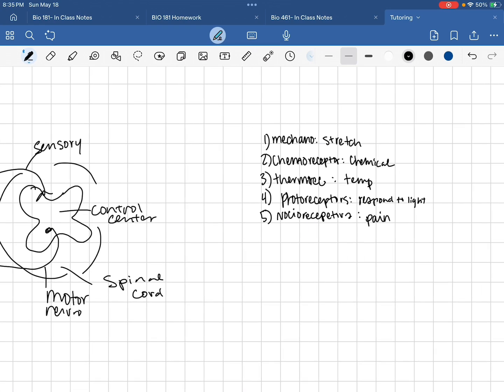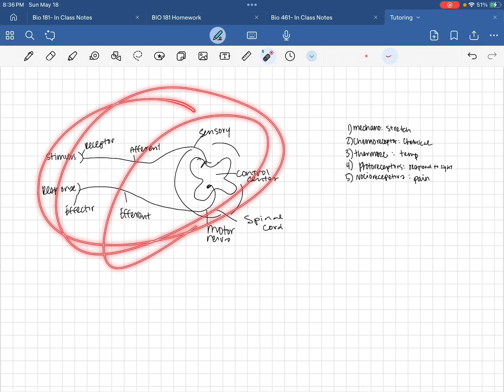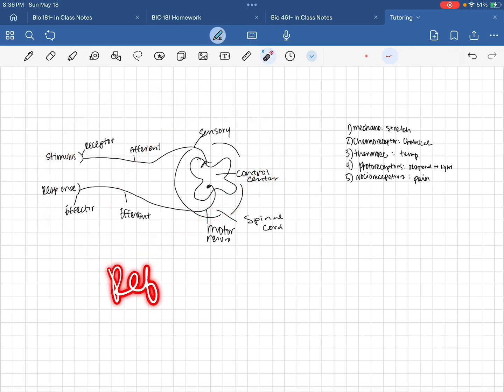Okay, so we went over afferent, control center, efferent, then the effector. Within the control center portion of this reflex, this whole thing right here makes up our reflex arc. Simple reflexes involve a single synapse between two neurons.